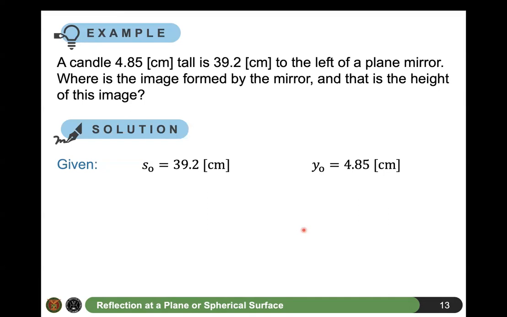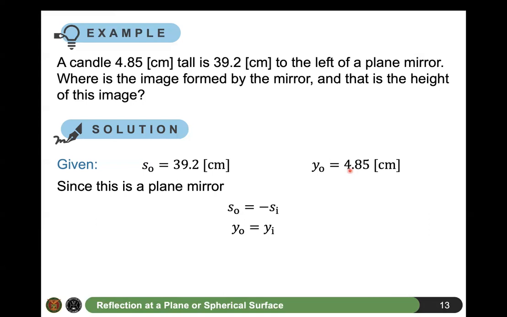Okay? So, yung candle is to the left of a plane mirror. Okay? So, nandun siya sa incoming side ng plane mirror. So that, positive yung gagamitin nating S naught. Now, for the height, pwede natin i-assume na upright muna yung object para positive din yung Y naught natin, unless stated dun sa problem. Okay?